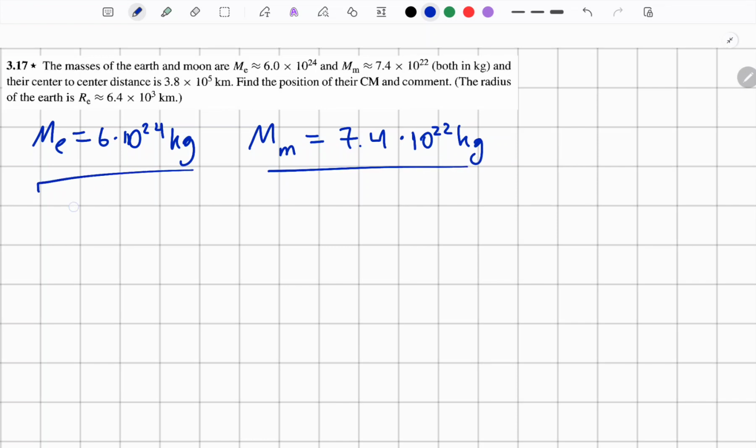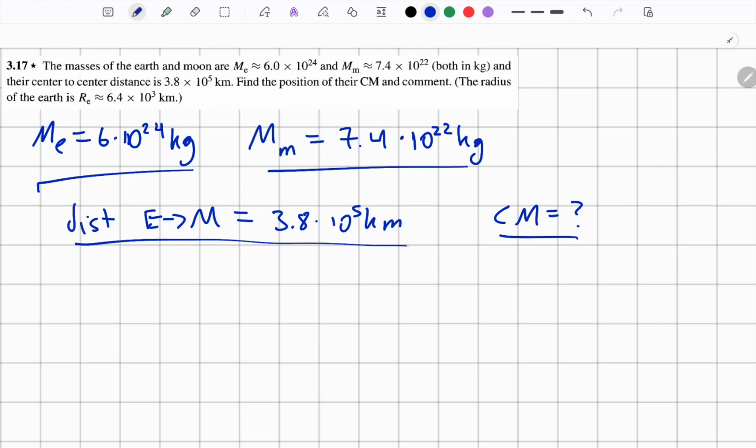And we know the distance from the Earth to the Moon. So we want to find the center of mass. That's what we're looking for. And we know the radius of the Earth on a side note up here.